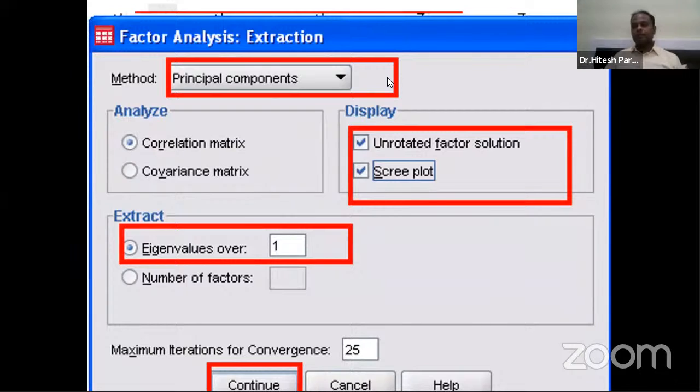Ujjwal Seth, yes sir, Ujjwal sir, you have a question, please ask. Ujjwal sir, please ask your question. Okay, you are muted.